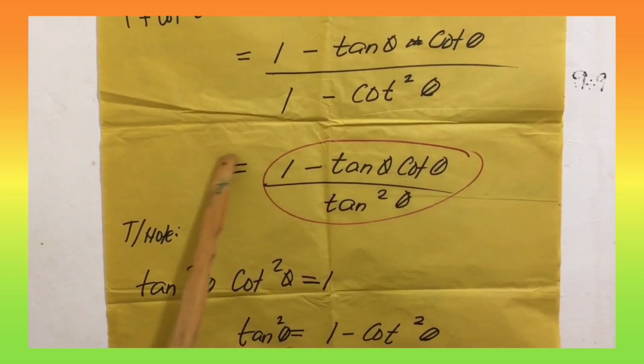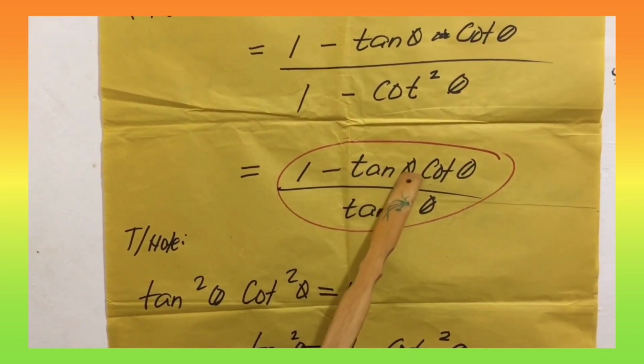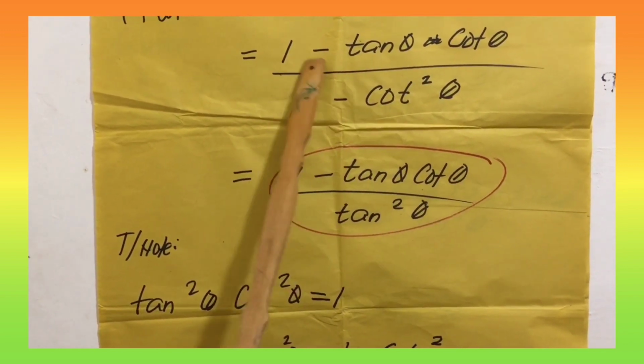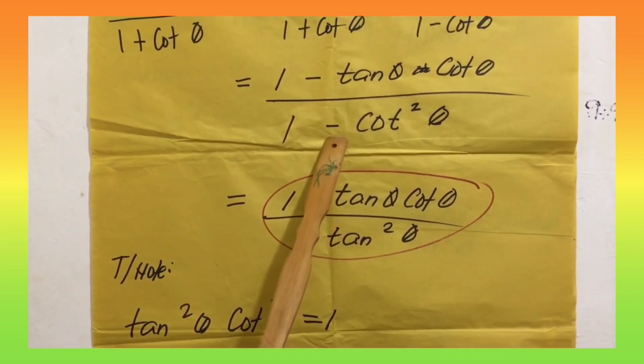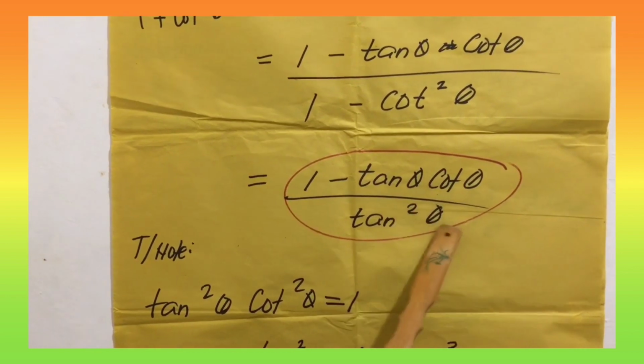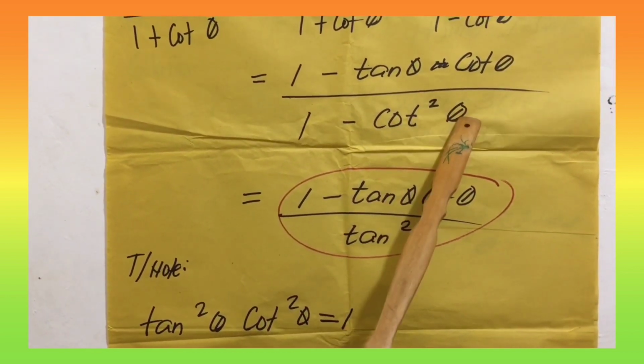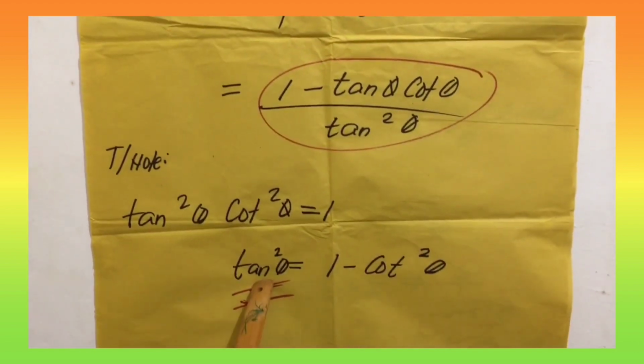So therefore our final answer is equals to 1 minus tangent theta cotangent theta. Just only copy the numerator, and the denominator we're going to change to tangent squared theta, because this 1 minus cotangent squared theta is equivalent to tangent squared theta.